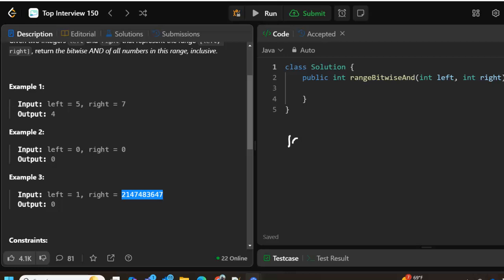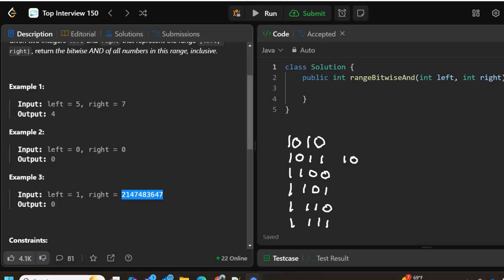So 10 is this, 11 is this, 12 is this, 13, 14, and 15. All right, so if we AND these, we're going to get 1, 0, 1, 0.